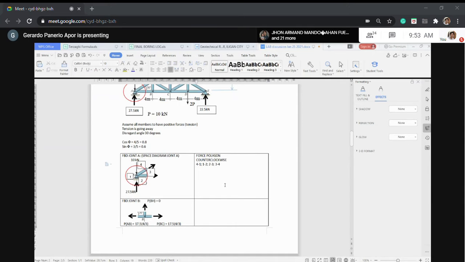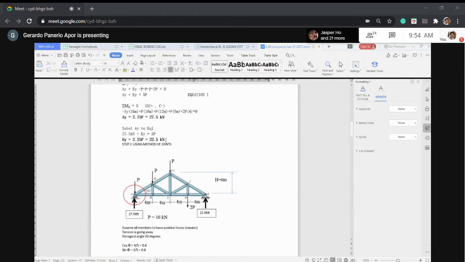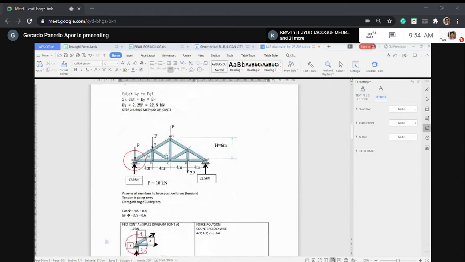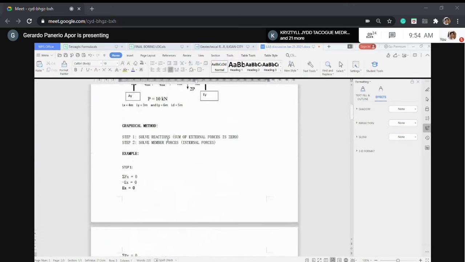You are not going to adapt the point system of the method of joints, because that is only for the method of joints. What I am using here is the graphical method, no?